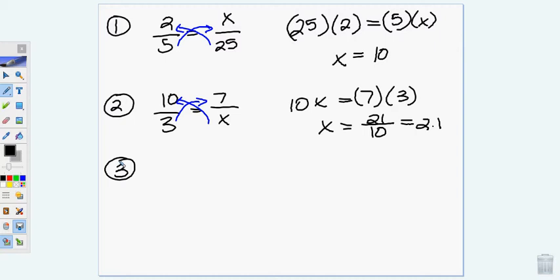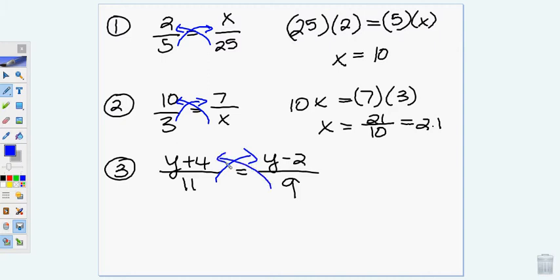Number 3. This one gets a little bit more complicated, but I have confidence that you guys can do this using the distributive property. Let's look at this. y plus 4 over 11 equals y minus 2 over 9. Again, with your cross product.